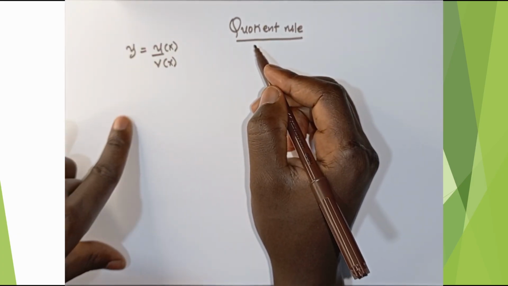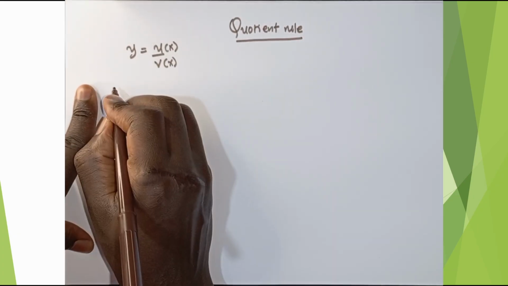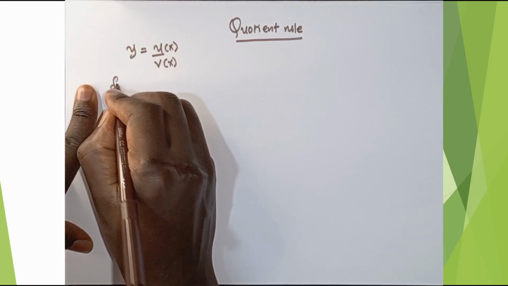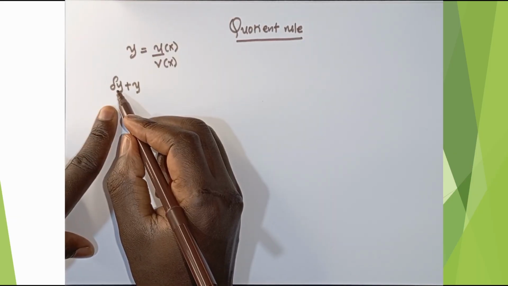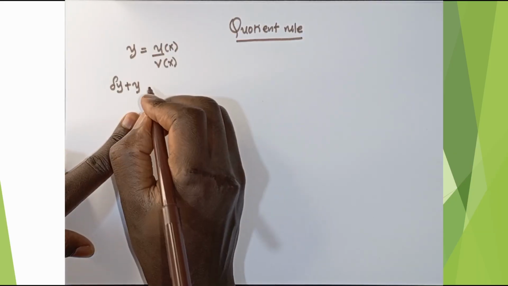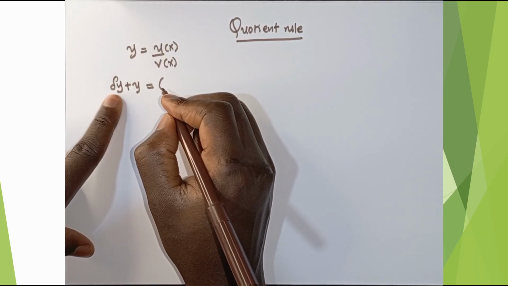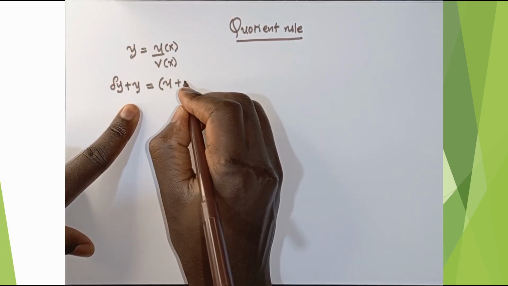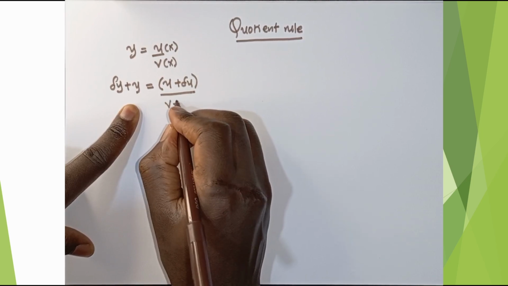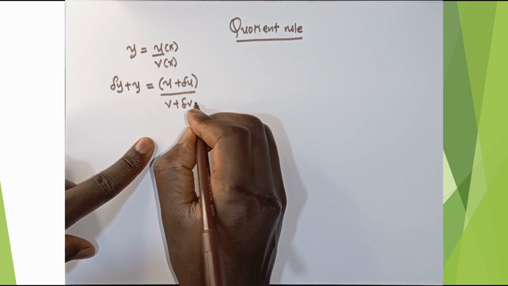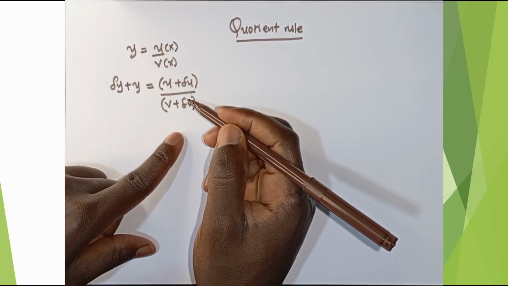If we go slowly to know where it came from, if we have a small change effected in y, that is why we say the change in y plus y effected is the same as this one, which comes as a result of getting the change in u out of the change obtained in v, like this. So changes are actually typically differentiation.